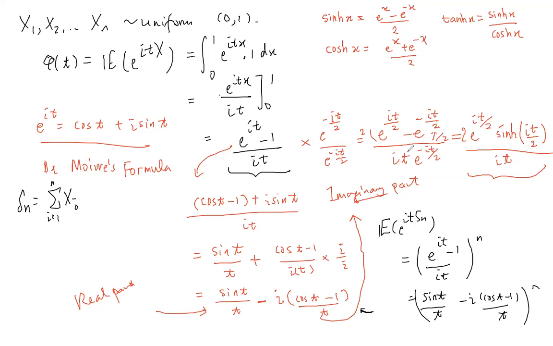Or if you use this form, you will end up with 2 to the power of n, e^{int/2}. So these characteristic functions in this case look a little bit complicated.